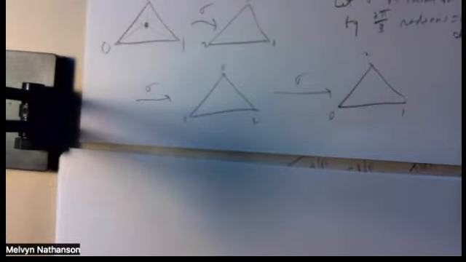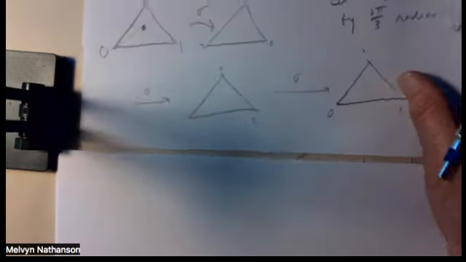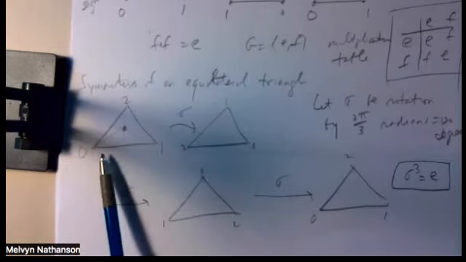So we see from this that sigma cubed is the identity. The identity doesn't change the triangle. You can actually describe these symmetries by just saying what it does to the vertices.